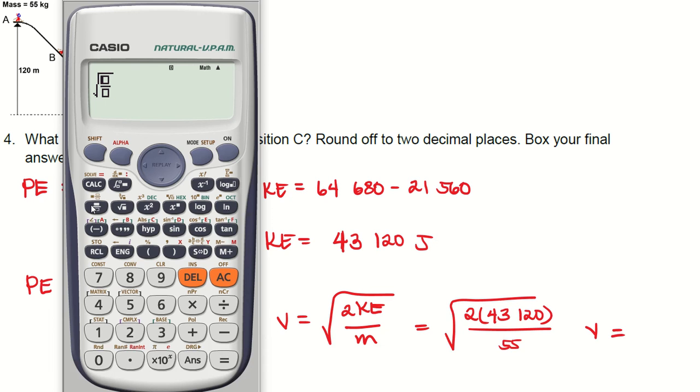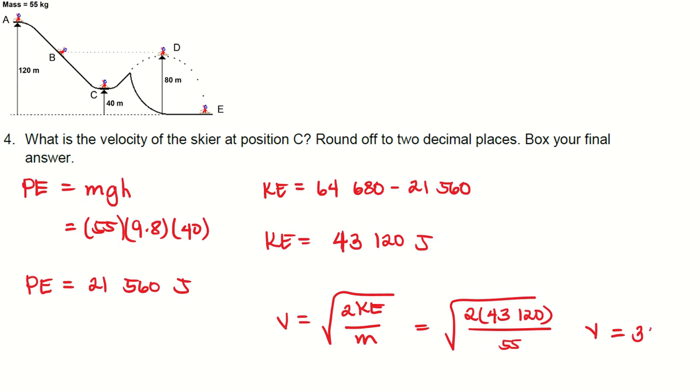Square root of 2 times 43,120 divided by 55, and we will get 39.6 meters per second. So the velocity is 39.60 meters per second. So that's it.